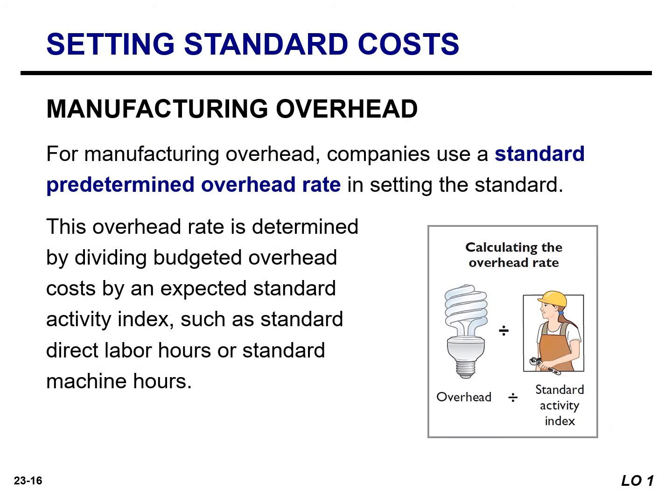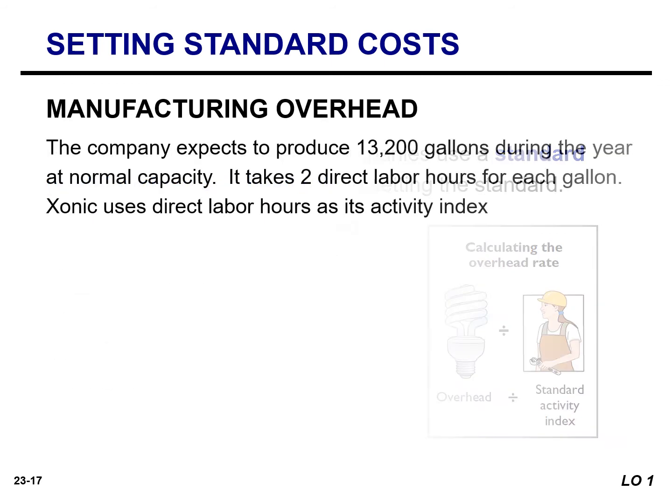For manufacturing overhead, companies use a standard predetermined overhead rate. This overhead rate is determined by dividing budgeted overhead cost by an expected standard activity index. For example, the index may be standard direct labor hours or standard machine hours.